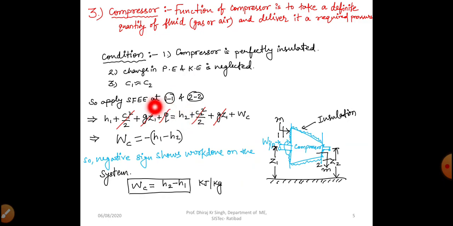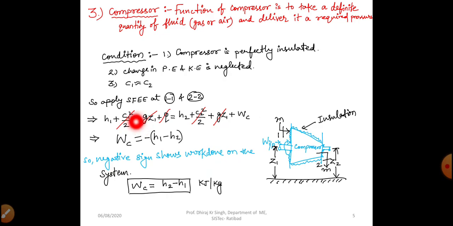And last, as already discussed for the turbine, the velocity at inlet and velocity at outlet will be somewhat equivalent. There will not be much difference. Why? Because we are already seeing there is no heat transfer. When insulation is there, kinetic energy will not change, or if it changes, then by a very small amount. That's why we neglect it.